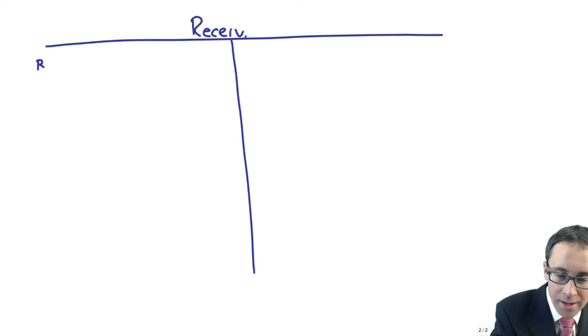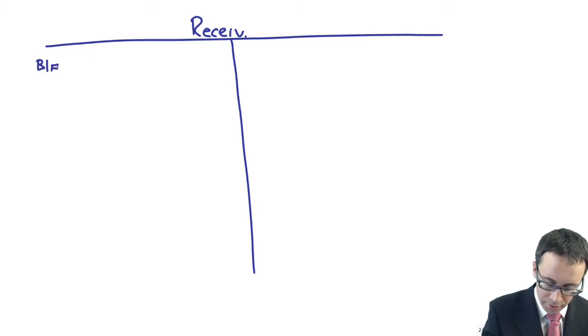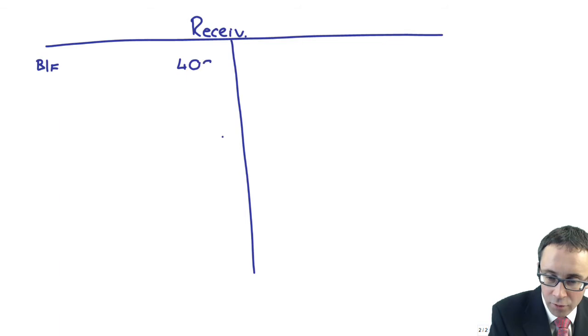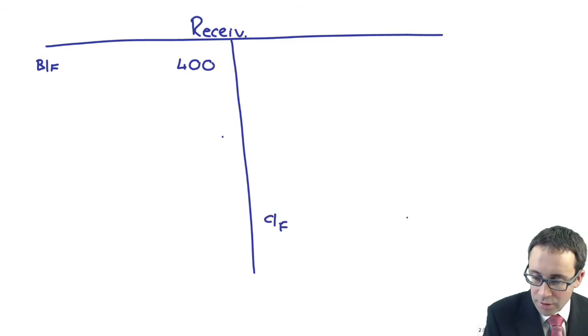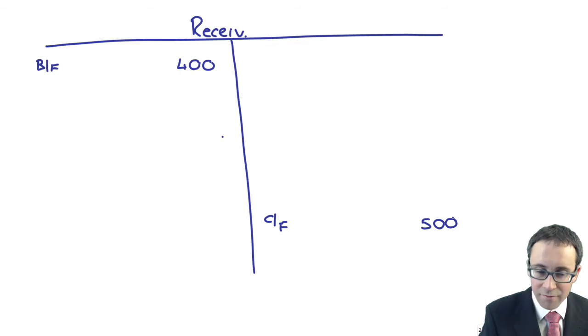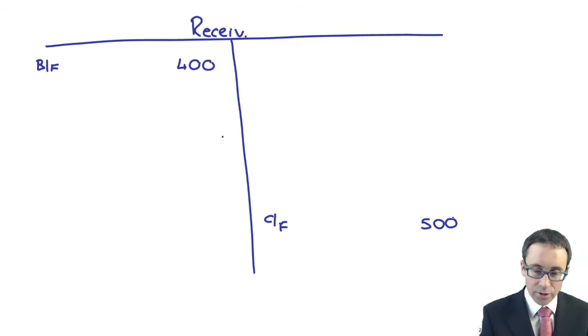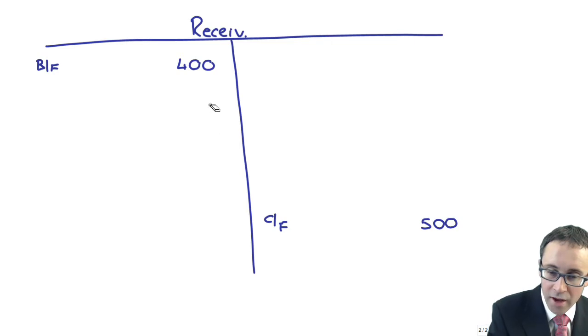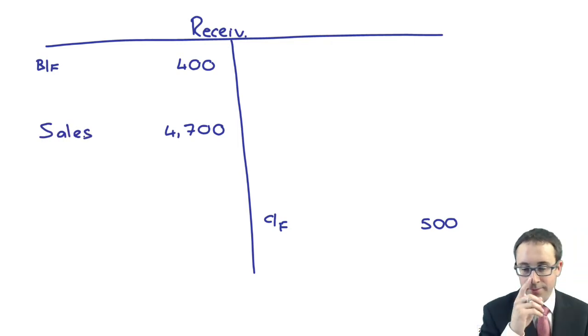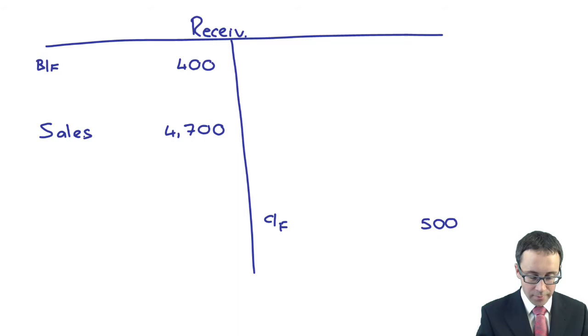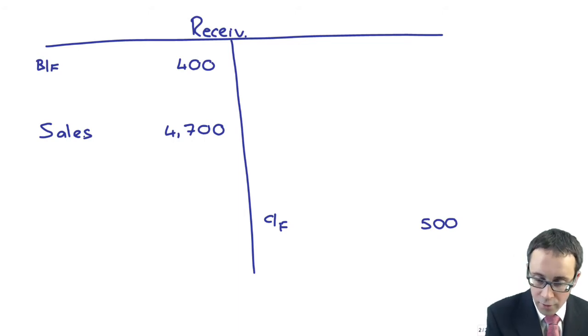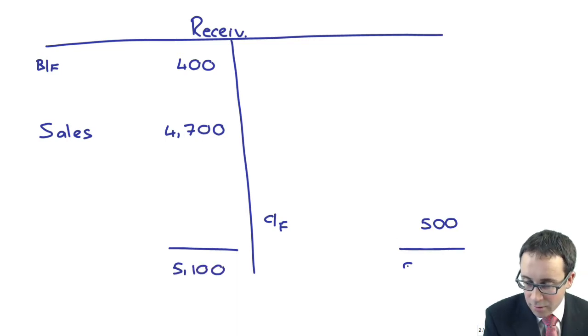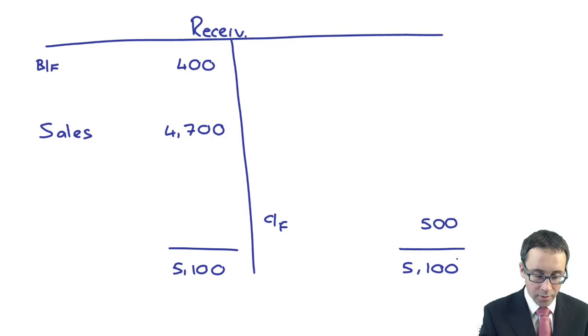So receivables, you put in there your brought forward, your opening receivable. That is 400. Your closing receivable is 500. And you have there your sales for the year, assuming that they are all on credit. Debit receivables, credit sales, don't we? When you balance it all up, it is 100 on the left, 100 on the right.